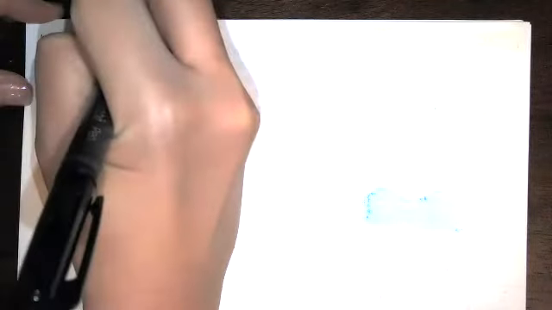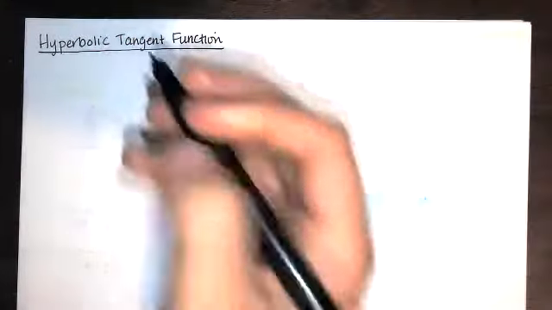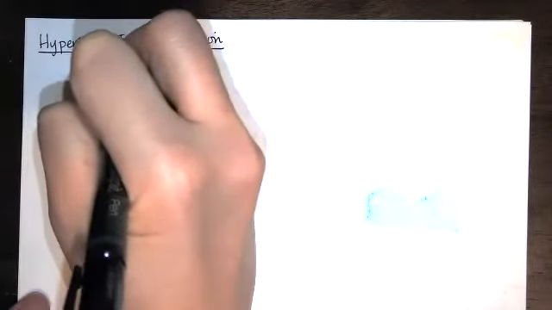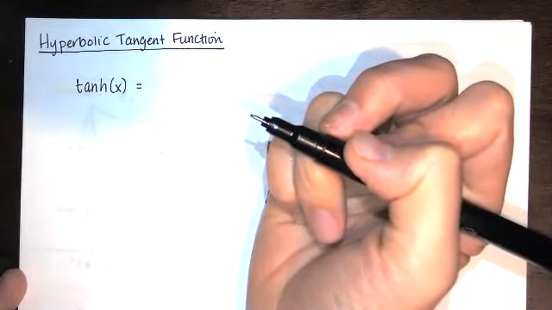Now the hyperbolic tangent function is defined this way, and it looks like this. Remember that tangent was sine over cosine?